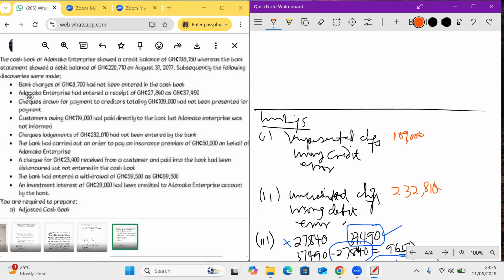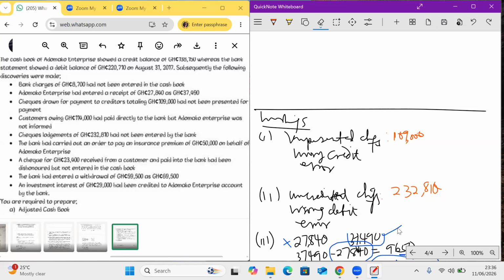Unlike the first one where Adomako entered a receipt and we said Adomako had made a mistake, the bank never makes mistakes. So the assumption is that whenever there is a mistake between a check figure and what the bank entered, the bank's figure is correct. So the bank's 69,500 is correct. What did the bank do to the 59,500 to get 69,500?